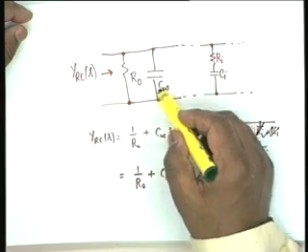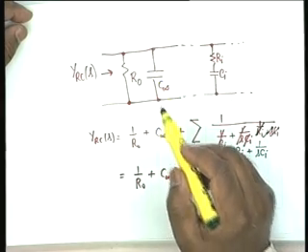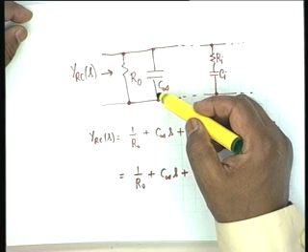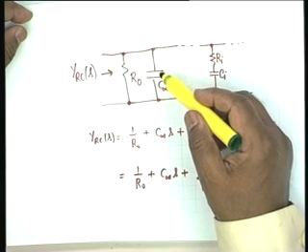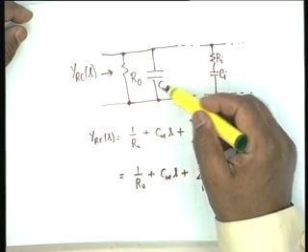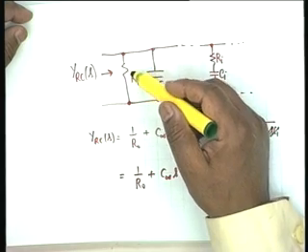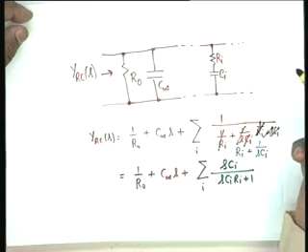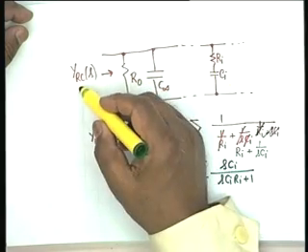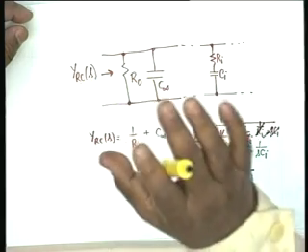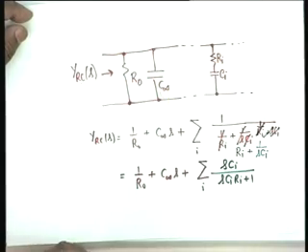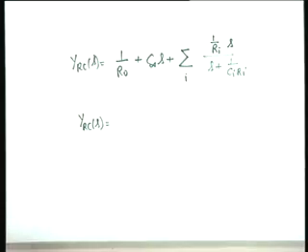And you can also appreciate why I have used C infinity, because at infinite frequency this is a short, so the admittance blows up. Admittance has a pole at infinity with a residue of C infinity. All the other resistances are large compared to a short circuit, and therefore at infinity YRC is dominated by C infinity, and this is why the subscript C infinity. This is just a wayside observation.